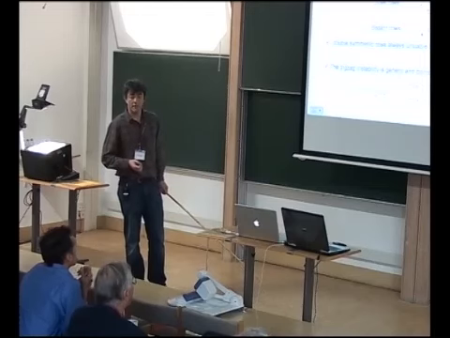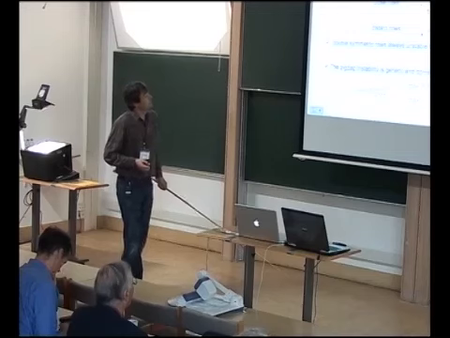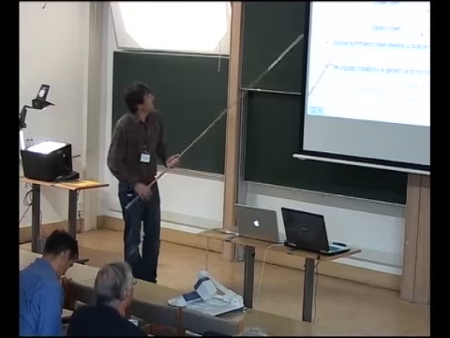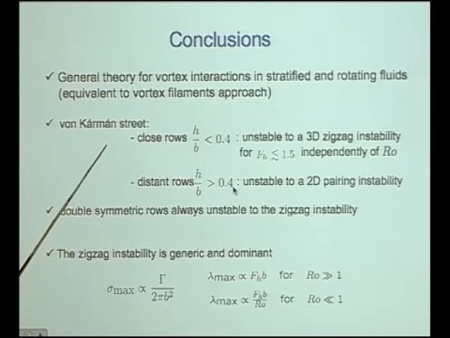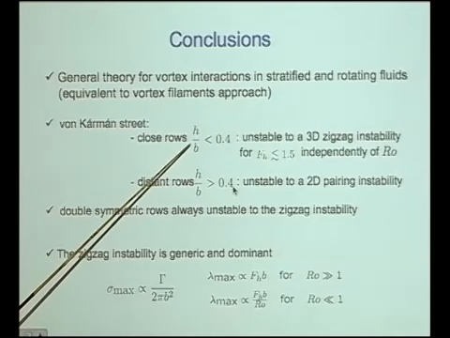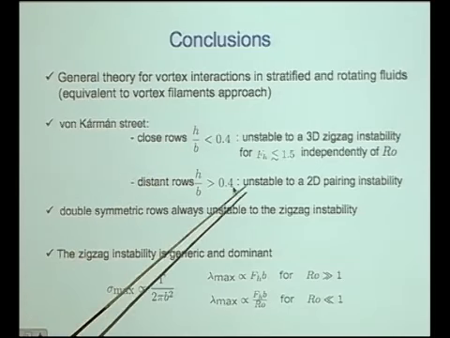To conclude, we have developed a theory of the zigzag instability in a stratified and rotating fluid, and this theory can be seen as equivalent to the vortex filament methods in homogeneous fluids.